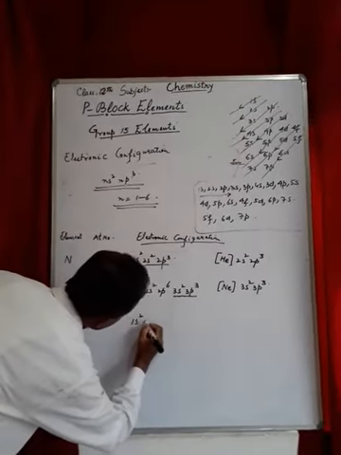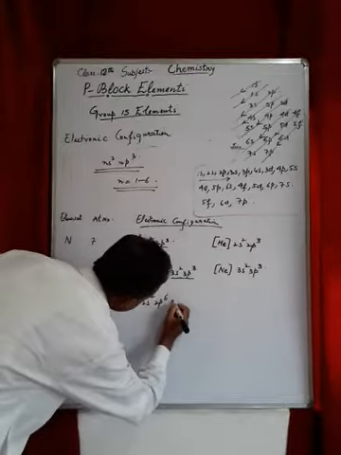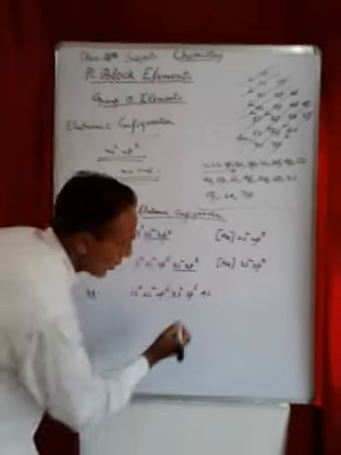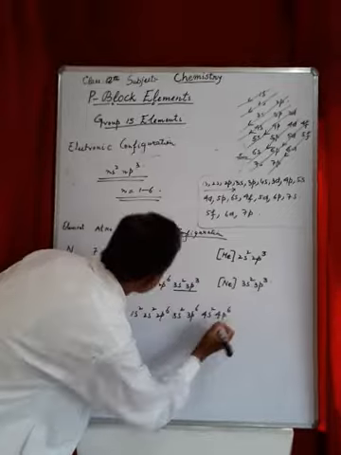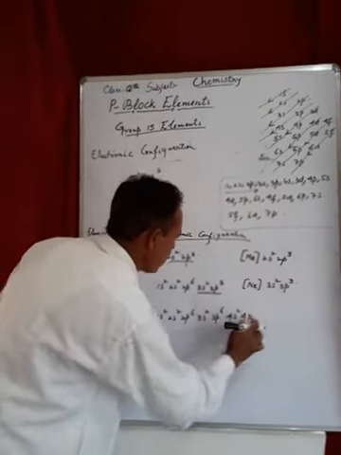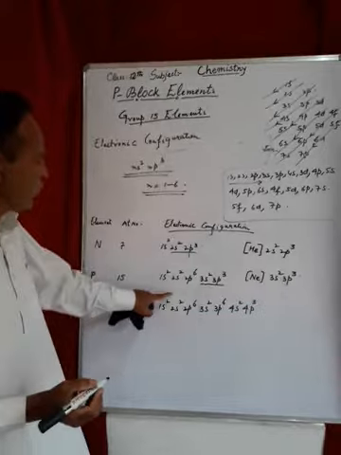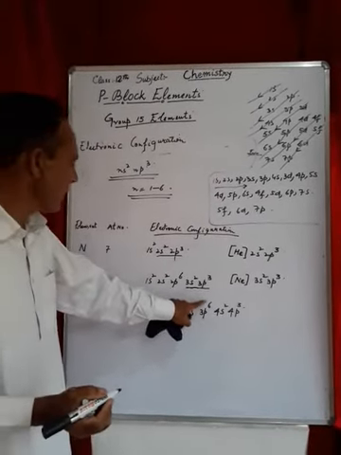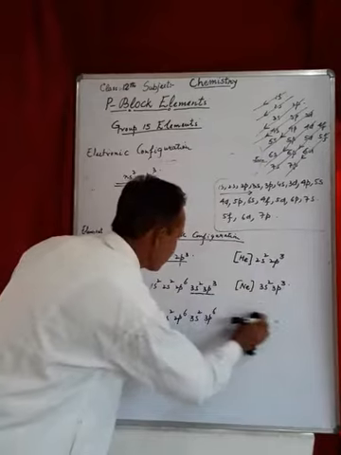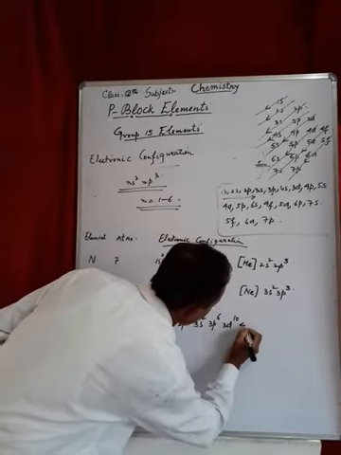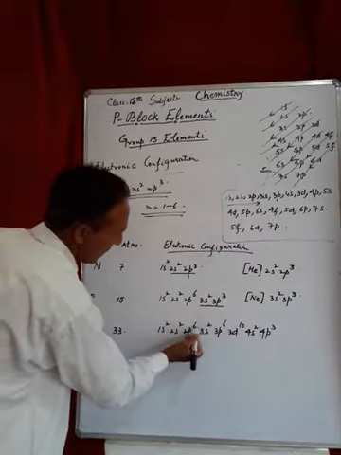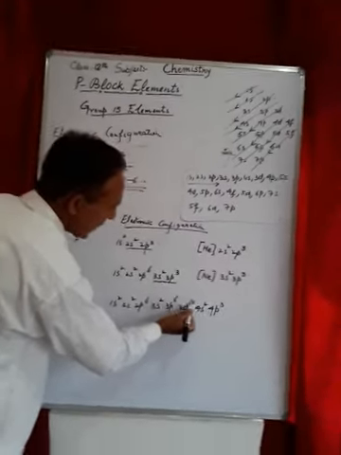It is 1s2, 2s2, 2p6, 3s2, 3p6, 3d10, 4s2, 4p3. Counting: 2, 4, 10, 12, 18, 28, 30, 35.